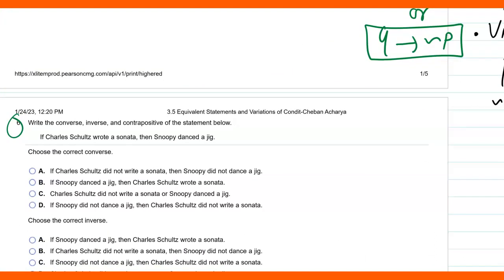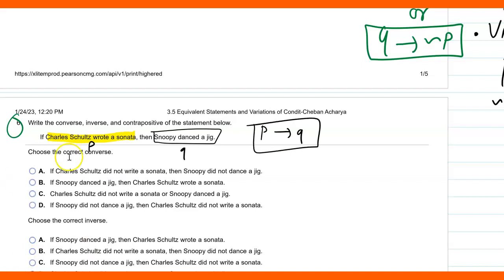Let me go back to the question here. If Charles Schulz wrote a sonata, that's the P, and then Snoopy danced a jig, that's the Q. Therefore, this statement is going to be P right arrow Q. Now, for the converse, you just switch the order.